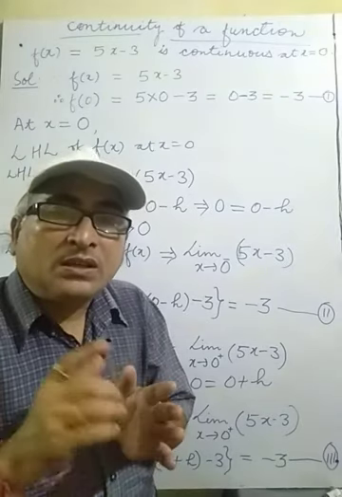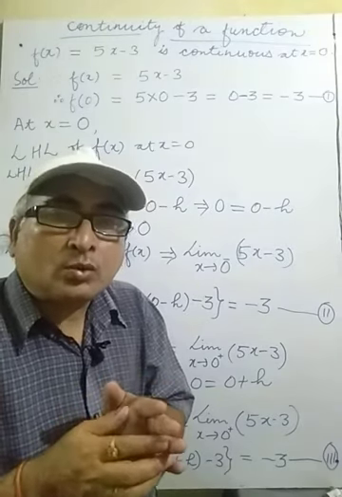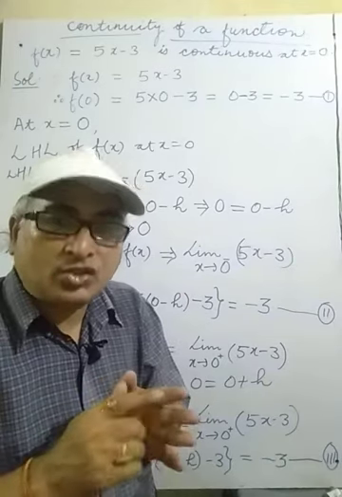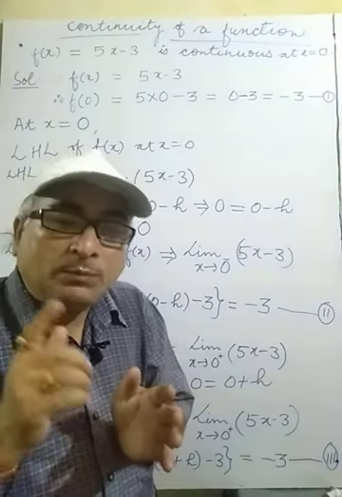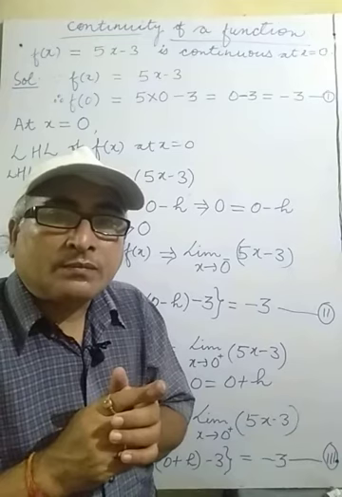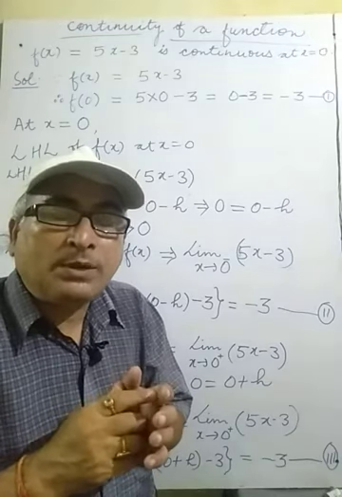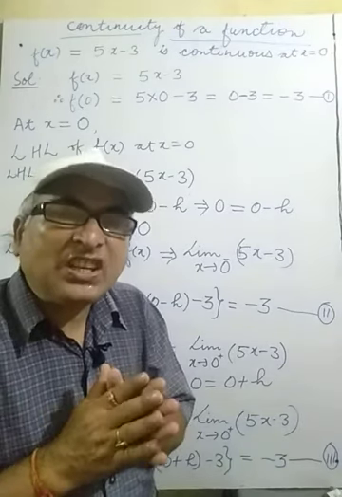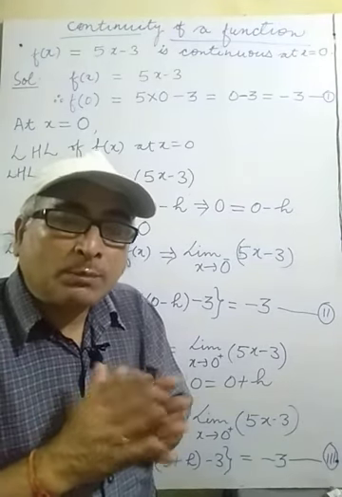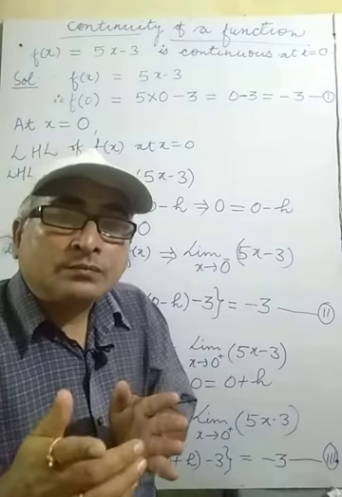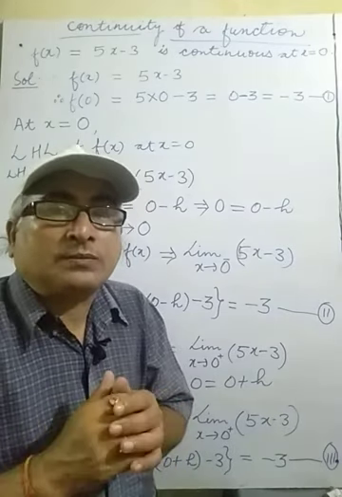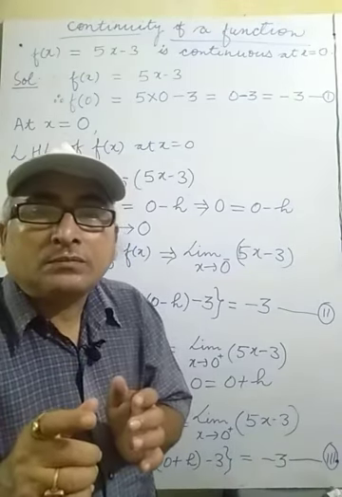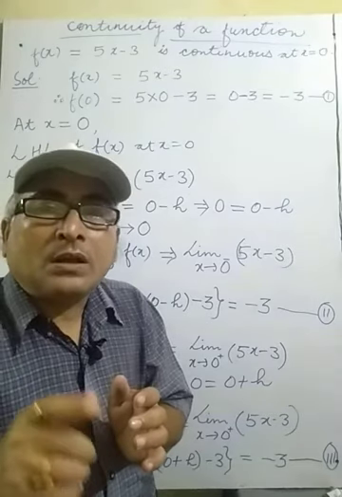Suppose x tends to 3, so the lesser value will be 3 minus h. If the point is k, what will be the left hand limit? In the place of x we have to take k minus h. That is our left hand limit.